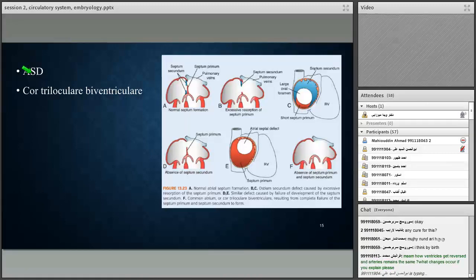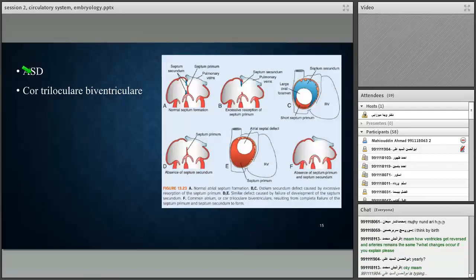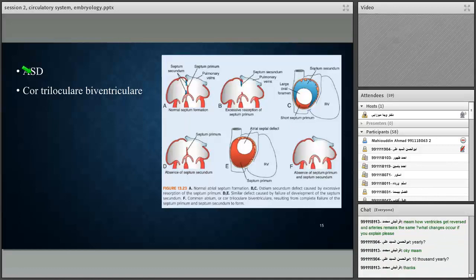When I'm explaining the septum formation in bulbus cordis, you will understand how it happens, okay? I will explain, of course.